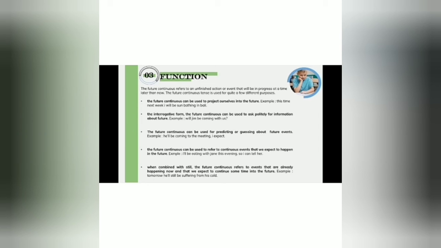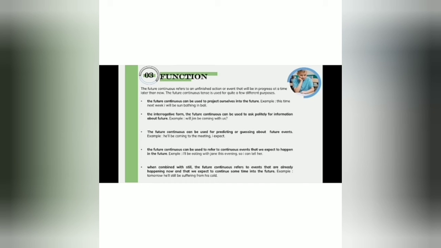Third, in the interrogative form, the future continuous can be used to ask politely for information about the future. Example, will Jim be coming with us? Fourth, the future continuous can be used to refer to continuous events that we expect to happen in the future.